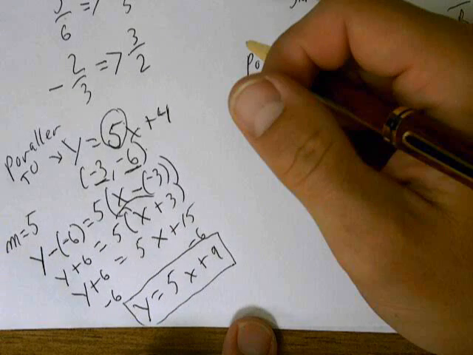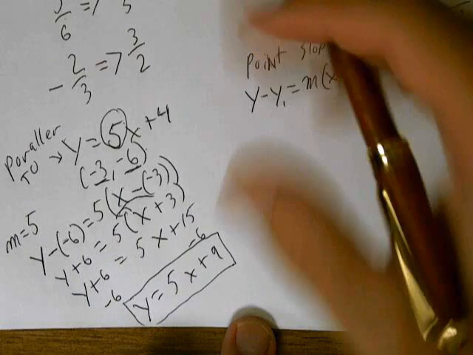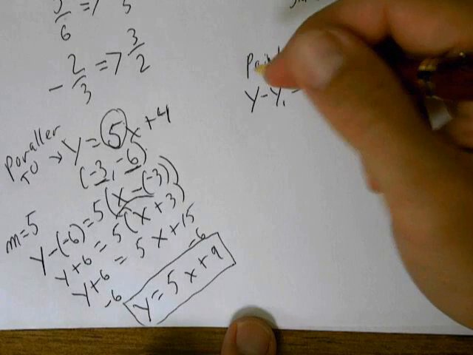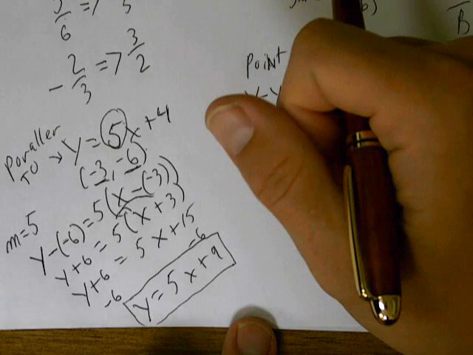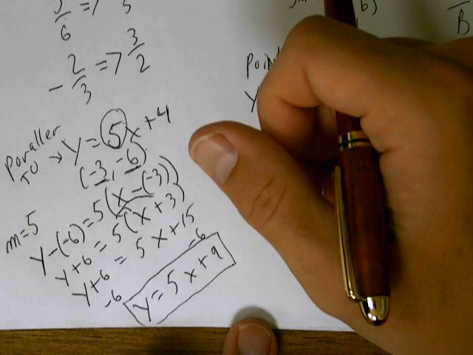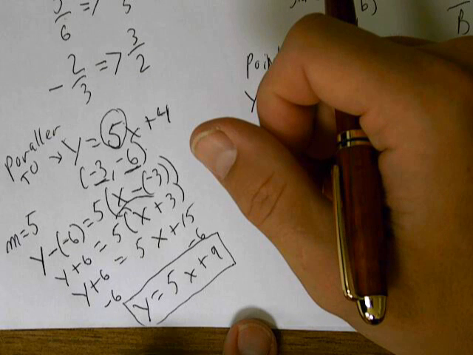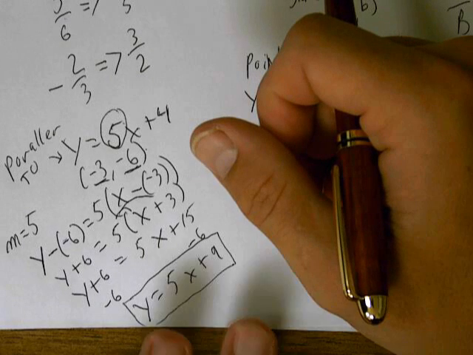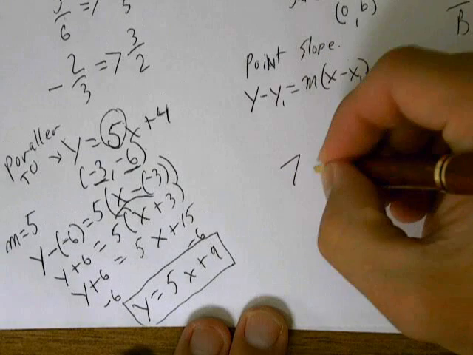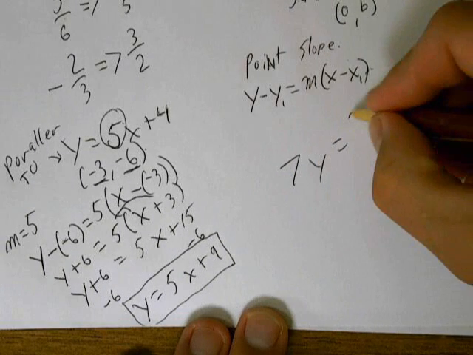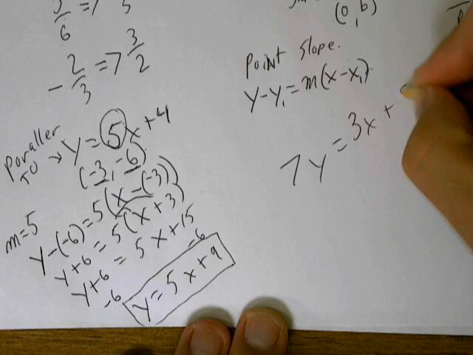Okay, so a lot of little mechanics in this one, but I think you work through it and it'll be all right. Just a note, in some of your homework, there's going to be some fractions. A lot of those, when you're working through them, the fractions show up right at the end, right? So don't let the fractions freak you out. I mean, you'll end up with something like 7y equals 3x plus 8.